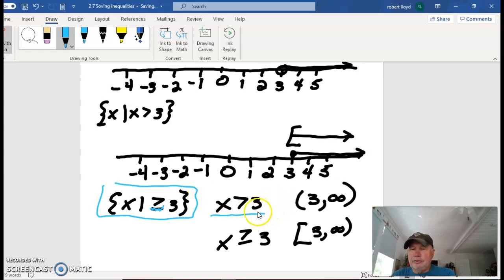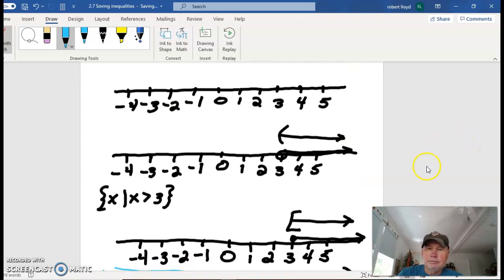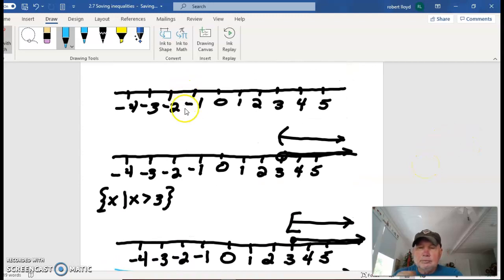So x is greater than 3. If we go up to the number line, I prefer to use the parentheses here, saying it starts in 3 and it's greater than, so it's going in the positive direction.